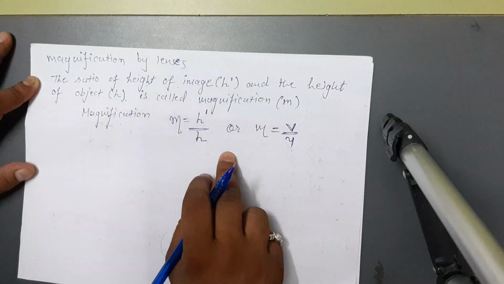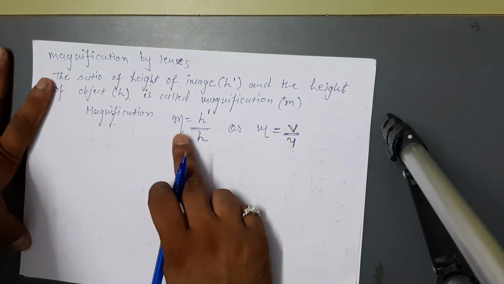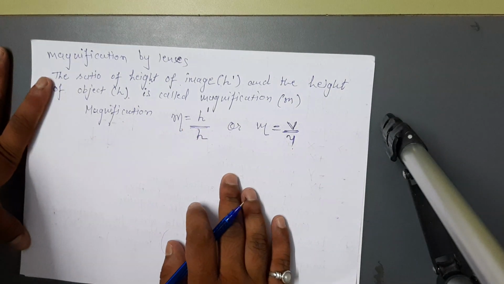For a mirror it was negative, but for a lens the magnification is similar.